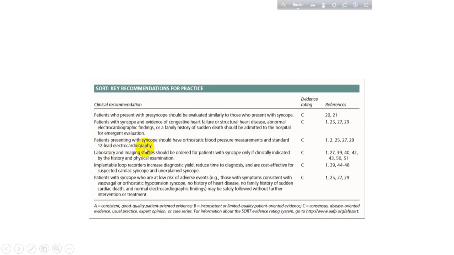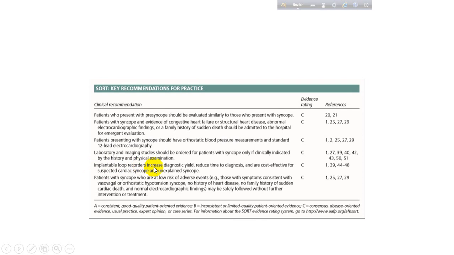Patients presenting with syncope should have orthostatic blood pressure measurement and a standard 12 lead ECG. Laboratory and imaging studies should be ordered for patients with syncope only if clinically indicated by history and physical examination.